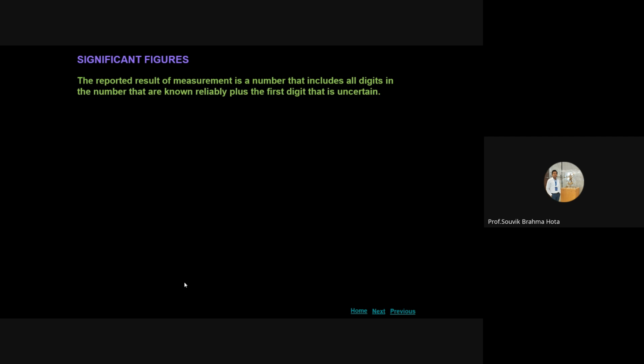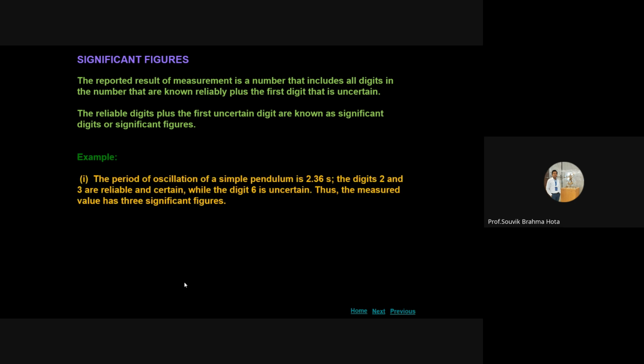Now the significant figure. The reported result of measurement is a number that includes all digits in the number that are known reliably plus the first digit that is uncertain. So the reliable digit plus the first uncertain digit are known as significant digits or significant figures. Let's take an example.